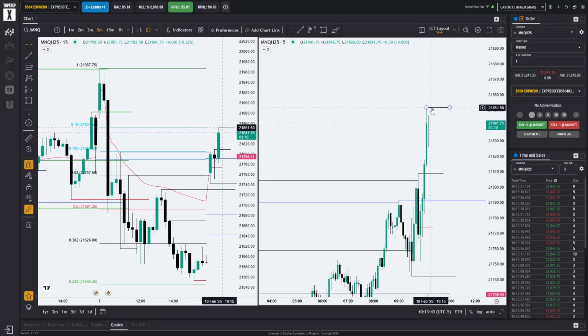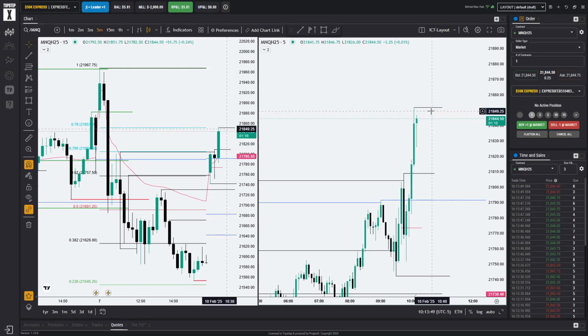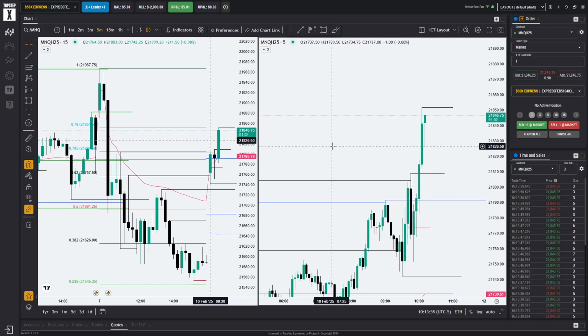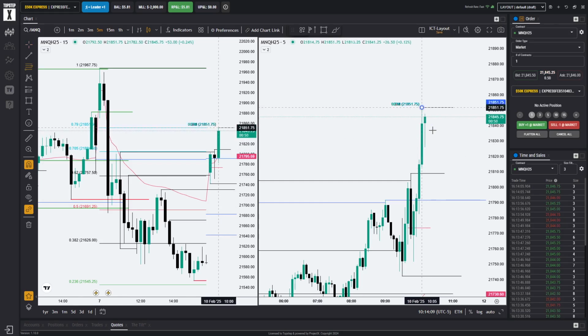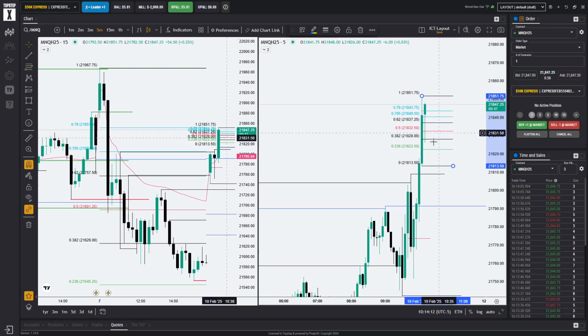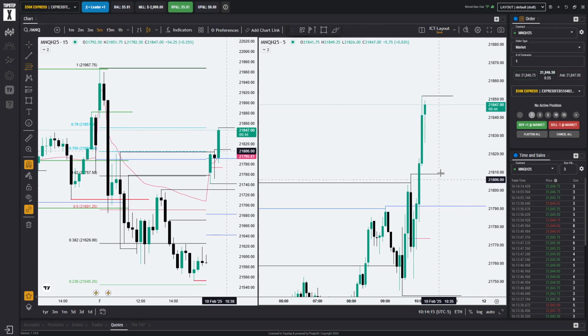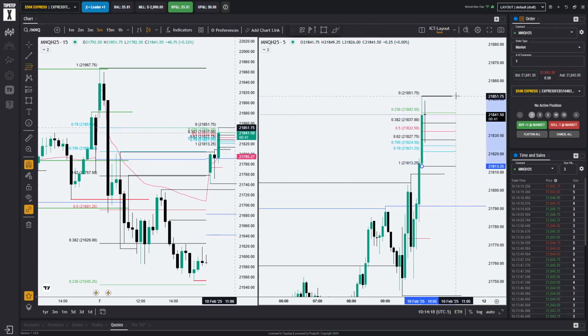Okay, 3 more minutes, 2 more minutes, 1 minute. It should push higher if they want to go through that 15-minute. I should have waited for it, to be honest. For the OT on this candle.